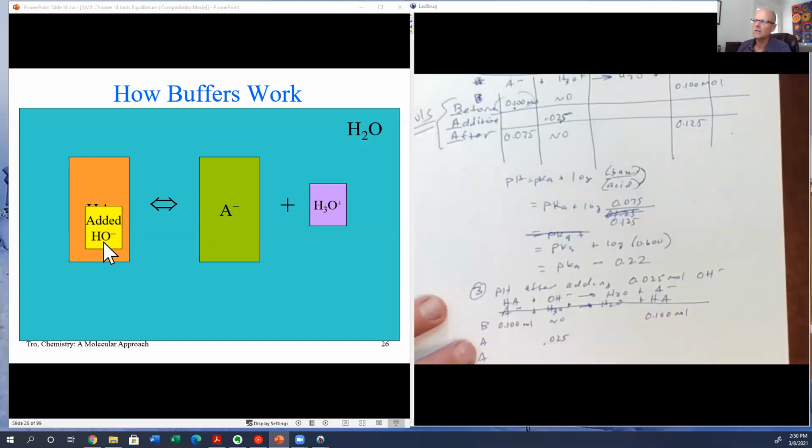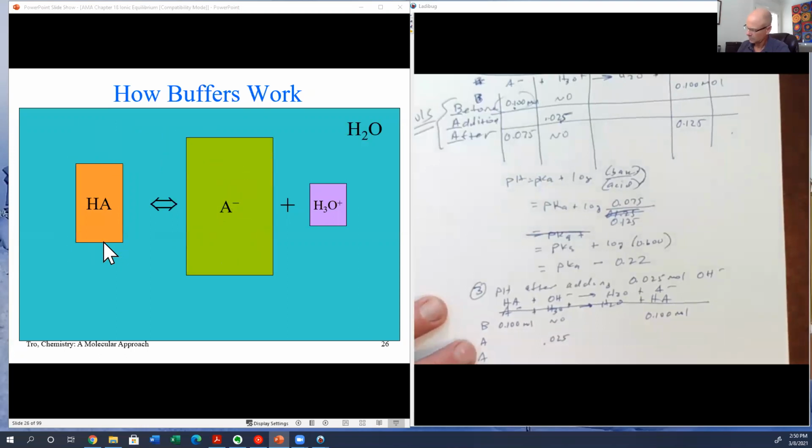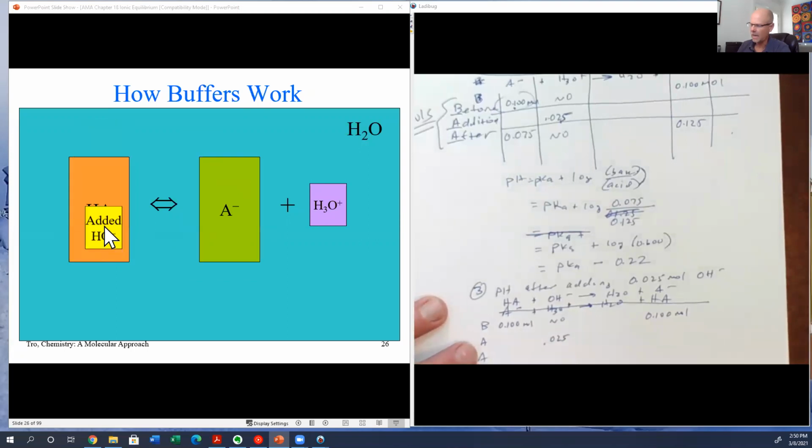I added it. Notice what happens. I form A minus, right? So what happens to the amount of HA?